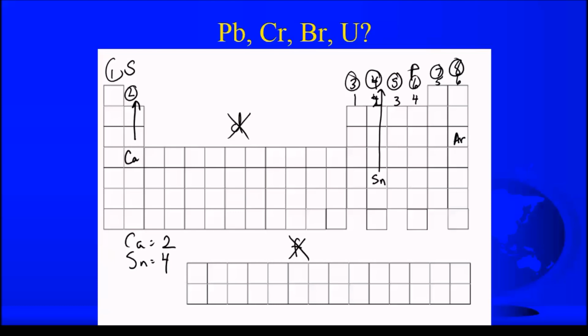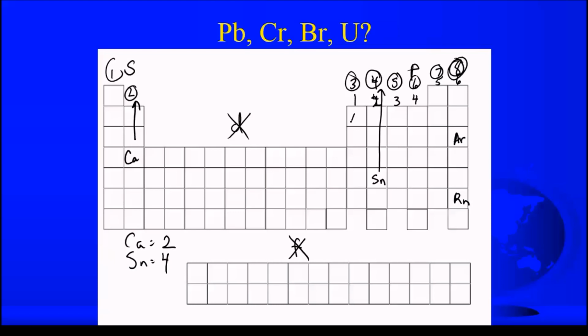Hunter, radon. 8. Does that make sense? Radon is a noble gas. It doesn't need anything or anybody. Why? It's got 8. It's full. It's completely full. All the S, all the P, full.